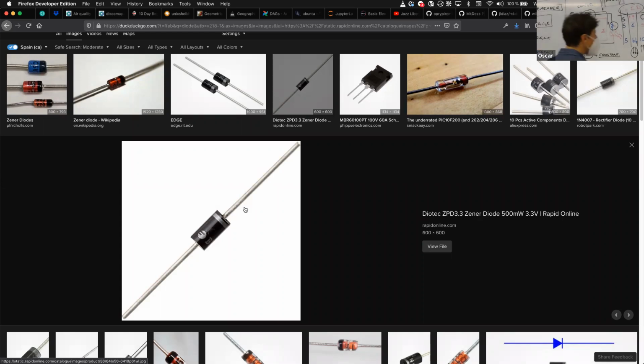So what we are saying here is that we lift the diode, not the resistance. Oh, it works with the resistor.